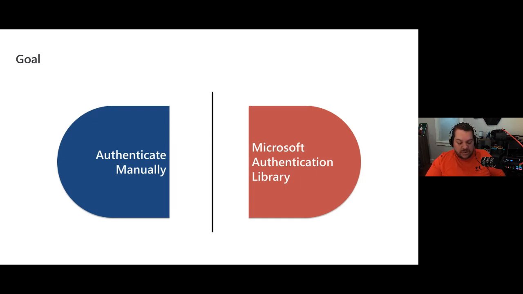We're going to learn how these URLs that you see all the time when you log into Microsoft services or third-party services or the Azure portal, how these login.microsoftonline.com URLs are built and where did they come from and what do they mean? We'll walk through all of that. And then once we have mastered authenticating manually, we will use the MSAL library to do all that, but just in a nicer code-based way.